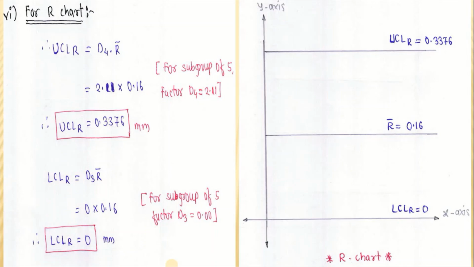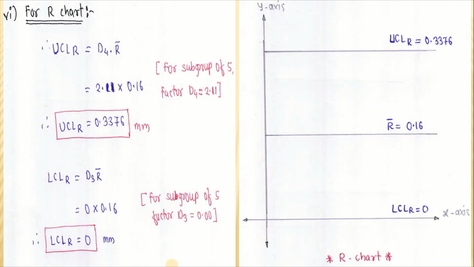Whatever data we are measuring, if it falls in between the two limits, the upper control limit and lower control limit, then that can be acceptable. The extreme runs that we have seen earlier also apply to this R chart. Based on that, we have to conclude whether the process is in statistical control or not.